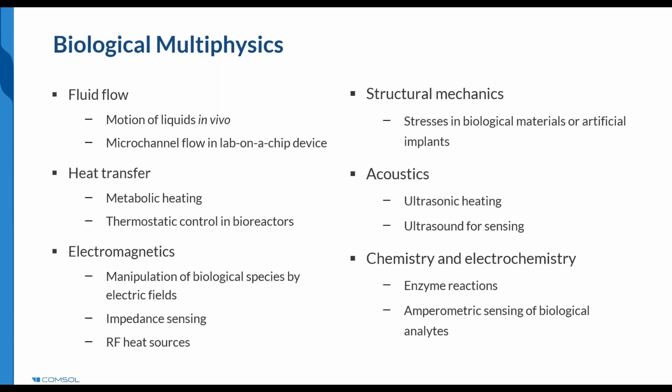We might also perhaps use acoustics to model ultrasound-based diagnostic technology, or mechanics to design implants, or examine the stresses in biological materials. We'll now discuss a little bit more about some of the key physics when we're dealing with our chemical reactions before building our biosensor model.